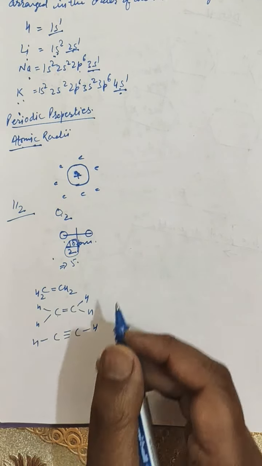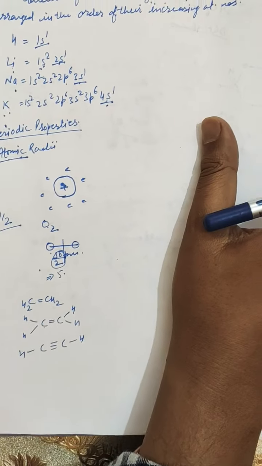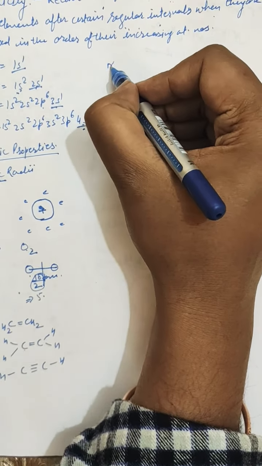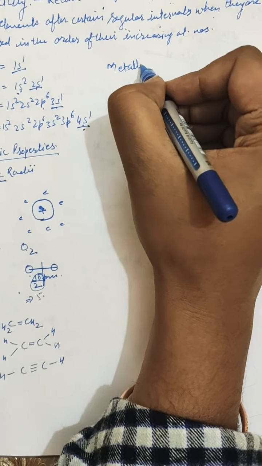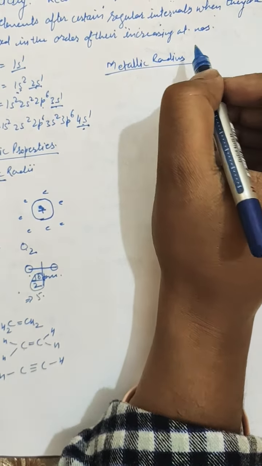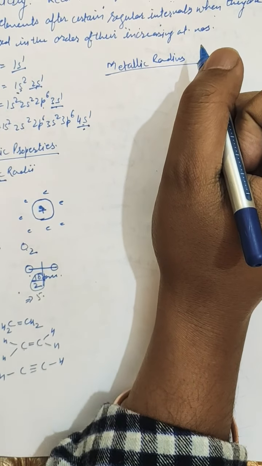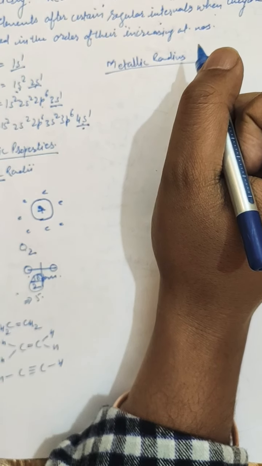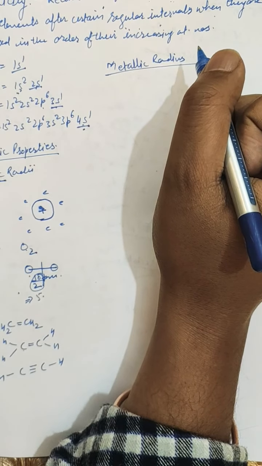Let me repeat again: what is metallic radius? Metallic radius is one half of the distance between the nuclei of two adjacent atoms of a metal in a metallic lattice.